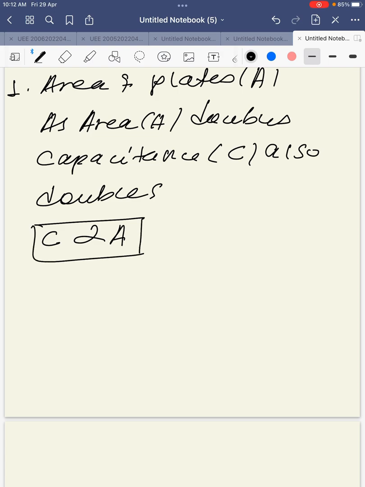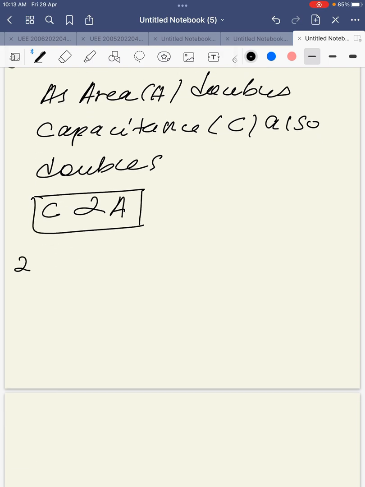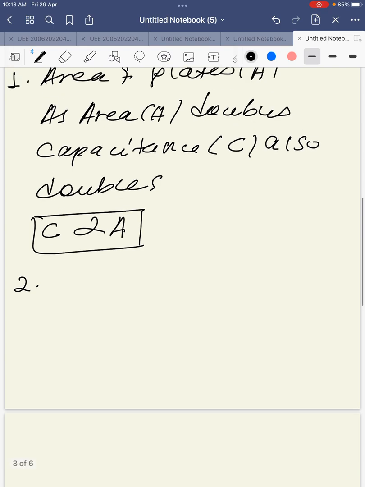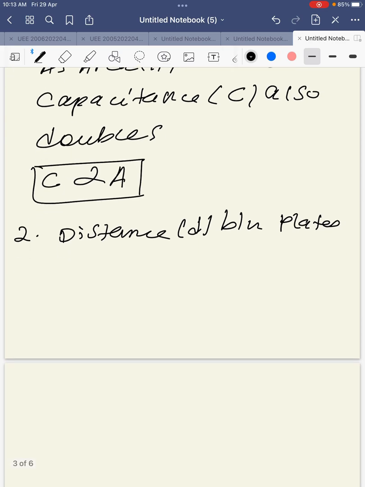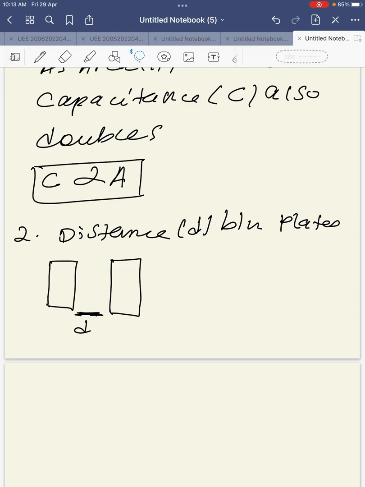This is one relation. The second factor is distance D between plates. Let's draw the two plates again to illustrate this. This is the distance between the plates D. As you increase the distance between the plates like this, the capacitance decreases.